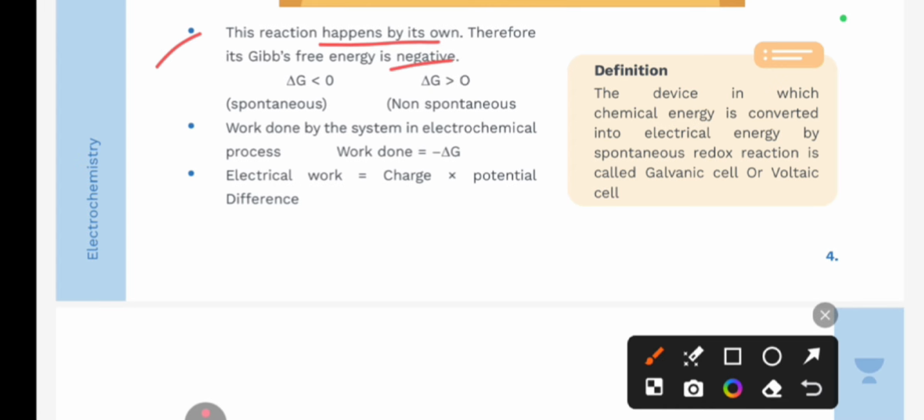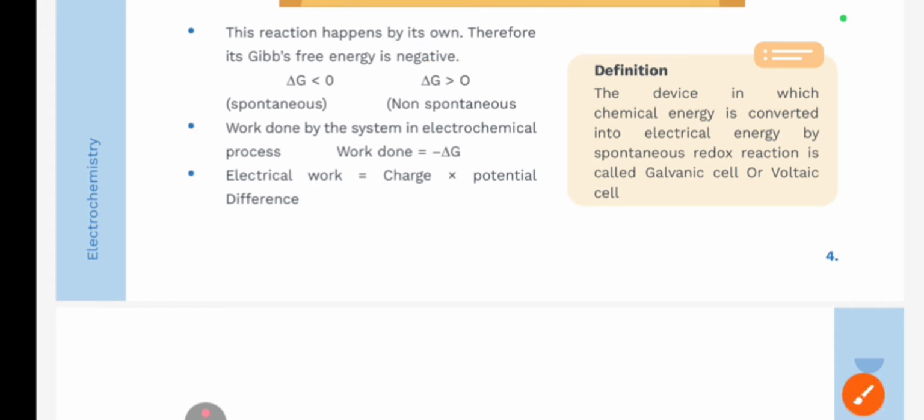Negative means this reaction is spontaneous. If delta G is positive, it means it needs some energy, and then it is called non-spontaneous. Work done by the system in an electrochemical process is always negative. Why is it negative? Because it is a spontaneous reaction. One more formula is given: electrical work is equal to charge into potential difference.